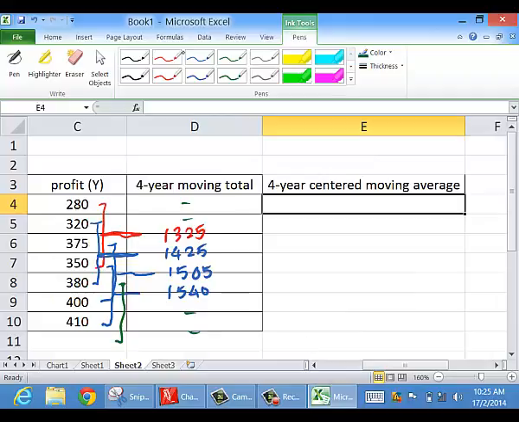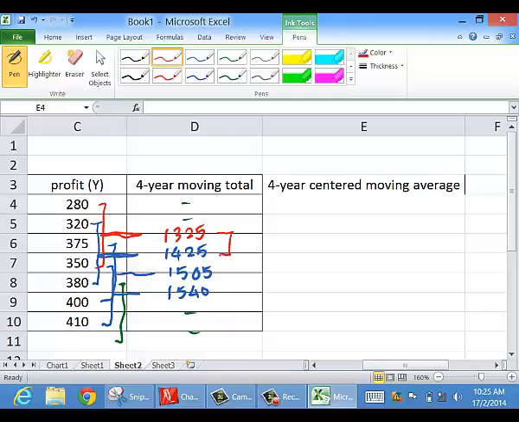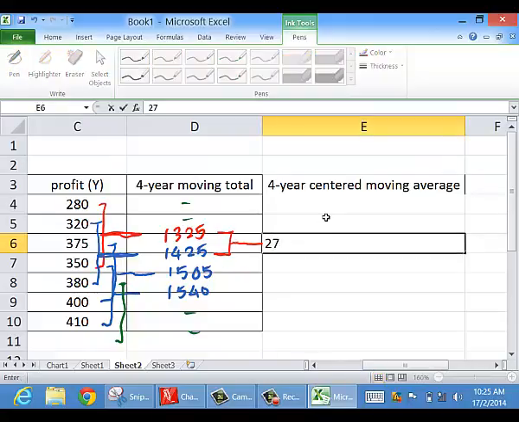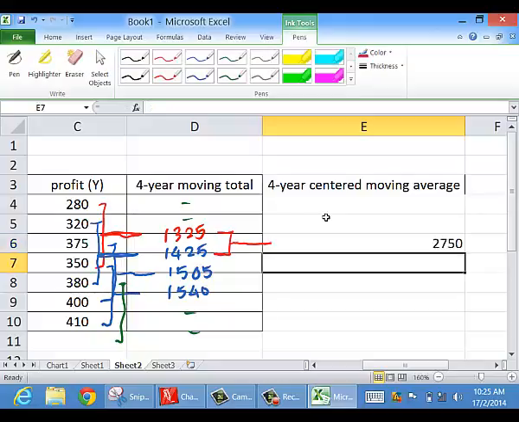So how to calculate the center? First value, this value and this value, yang ambil dua, you letak di tengah-tengah, center. Right, you 1325 plus 1425. So this one you should get 2750.